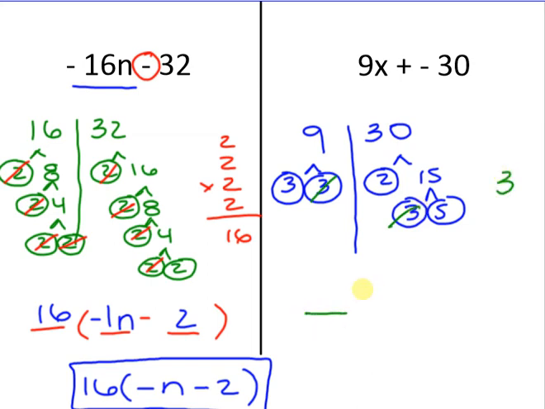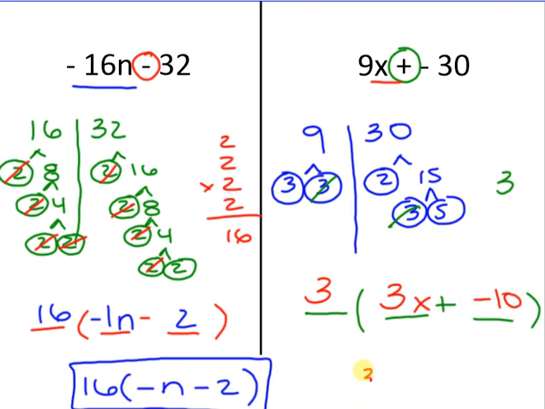All right, so I'm going to set up my lines for forward distributive property. My operation inside is addition. So my GCF is 3, and my variable is x, and it's on the first term. 9 divided by 3 is 3. Negative 30 divided by 3 is negative 10. And I'm going to go ahead and just write it a little bit neater.